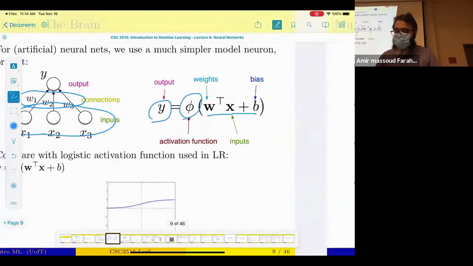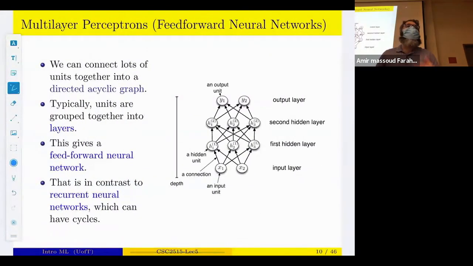That would be the output of that neuron. We have different activation functions. For example, it can be a hard threshold, a ReLU, a hyperbolic tangent, or things like that. The type of neural network that we talk about puts many of these units, neurons, in a feed-forward way. We put them in a directed acyclic graph structure, usually in some form of layers.